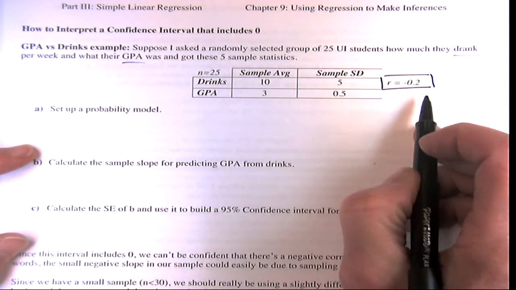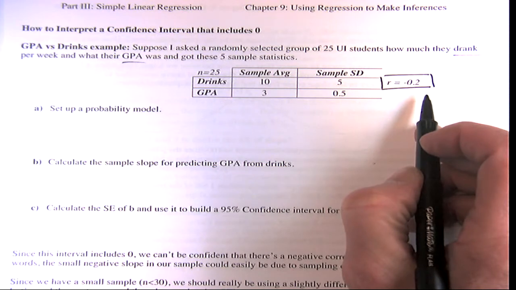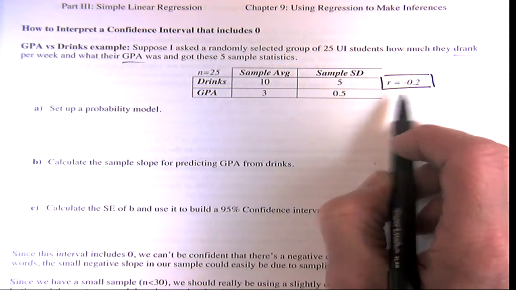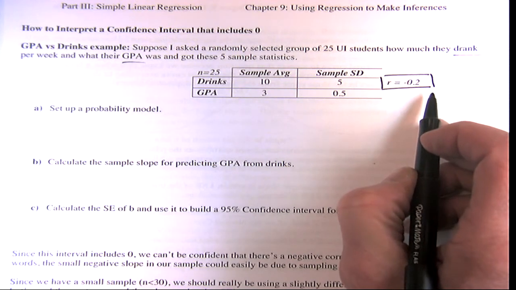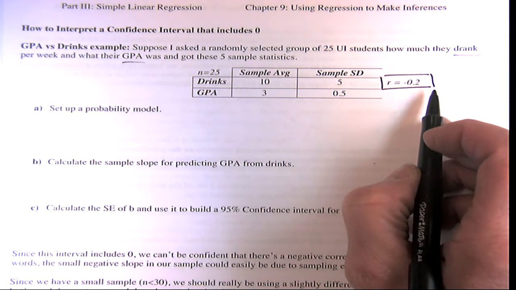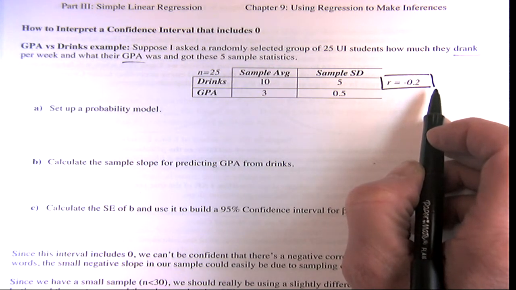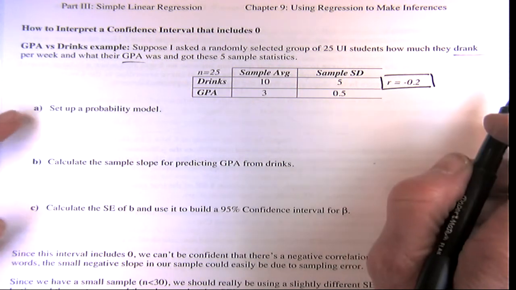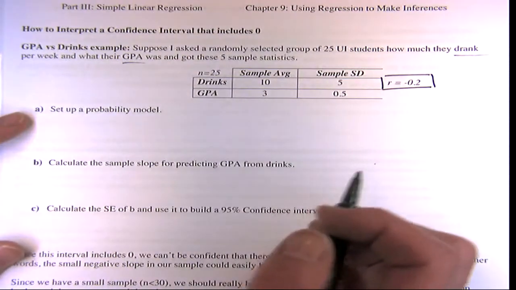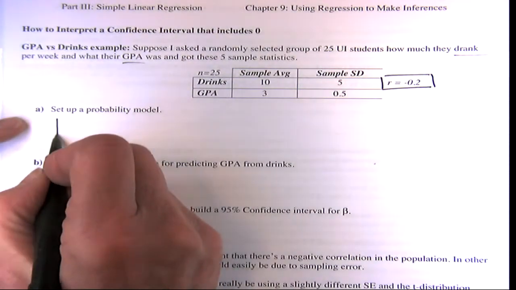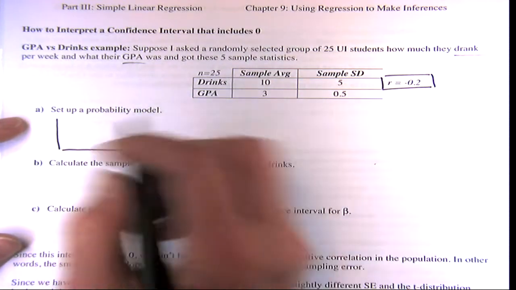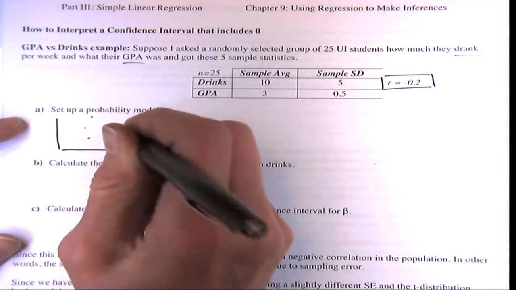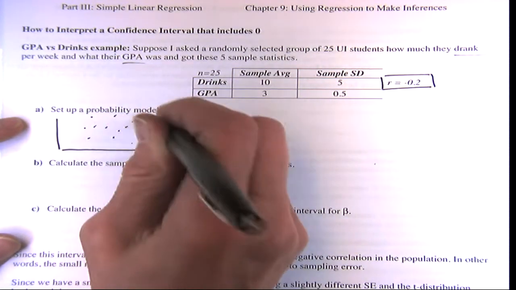A negative correlation coefficient saying that the more you drink, the lower your GPA is, but this was only based off of 25 students, and we're wondering whether it would hold up if we sampled all 28,000 students. So we set up this probability model here, which is all 28,000 U of I students, and each point represents one student.